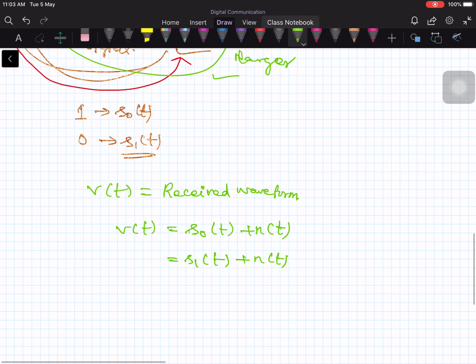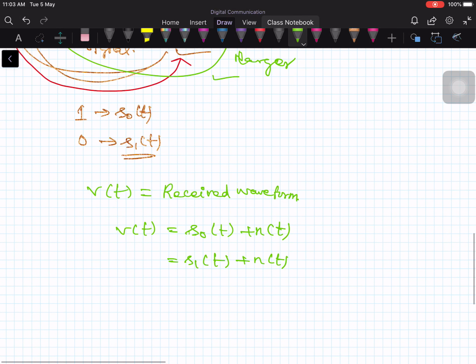But we are not transmitting both at a time, either s0 of t or s1 of t. Therefore the received signal v of t is either s0 of t plus n of t or s1 of t plus n of t. These two are applied to the filters. The input of the filter contains either this one, let me call it equation number 1, or this, equation number 2. Either equation 1 or 2 is applied to the filters.